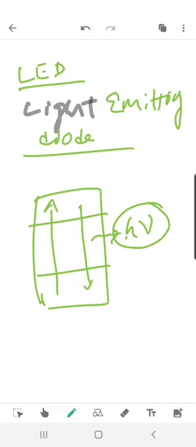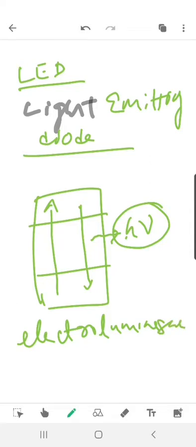First of all, the basic working principle of LED, or light emitting diode, is based on electroluminescence. Electroluminescence is a simple principle which means that electrical energy is converted into light energy.